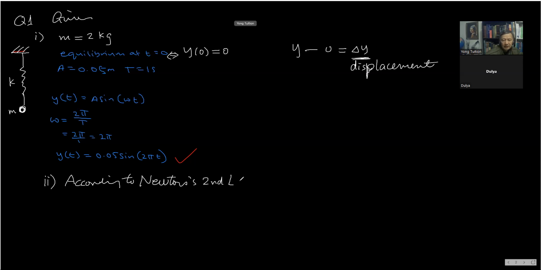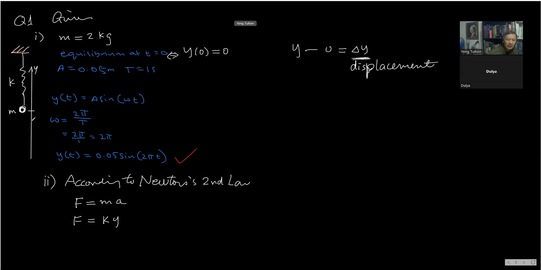So we have force F equal to ma. But in the meantime, the force in this case is equal to the constant multiplied by the displacement, in this case y. This is the equilibrium position if we use y. The y-axis, you can use x, doesn't matter.